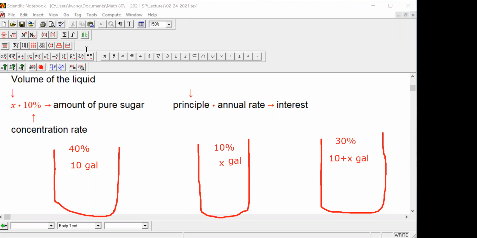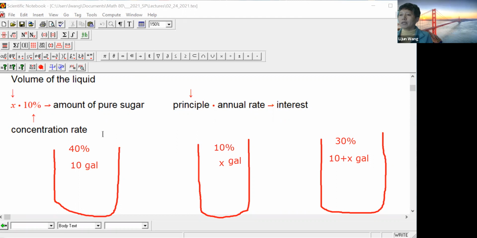So now let's look at the amount of pure sugar. We can see clearly here that 10 plus X is 10 plus X, because we put these two together, right?